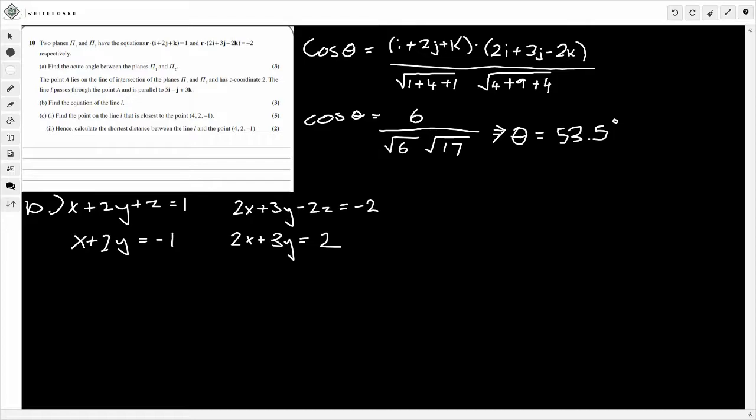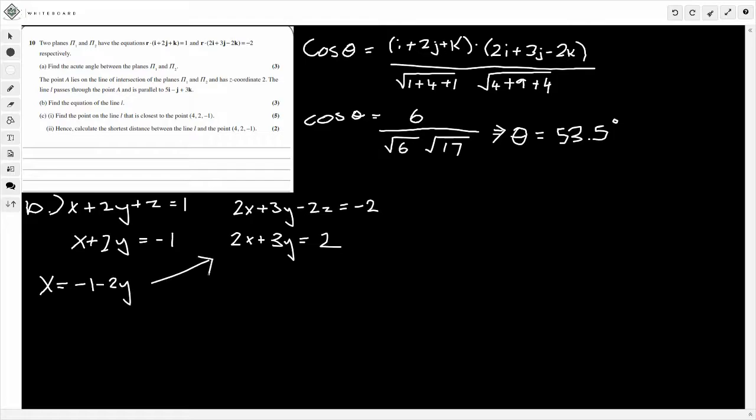And now we just need to solve these. We have two simultaneous equations here. Let's solve them and obtain a value for x and then a value for y. So we can substitute if we make x equal to minus 1 minus 2y, and then substitute that back in. So x is equal to minus 1 minus 2y, and then we're just going to sub it into this equation.